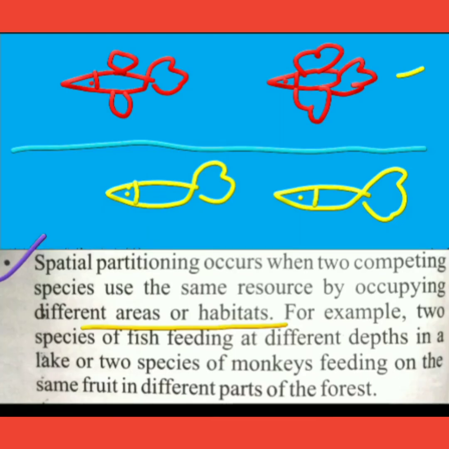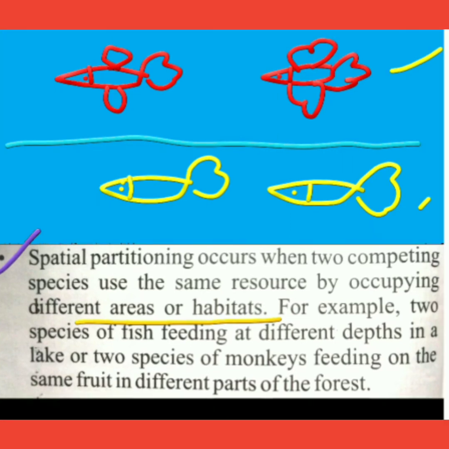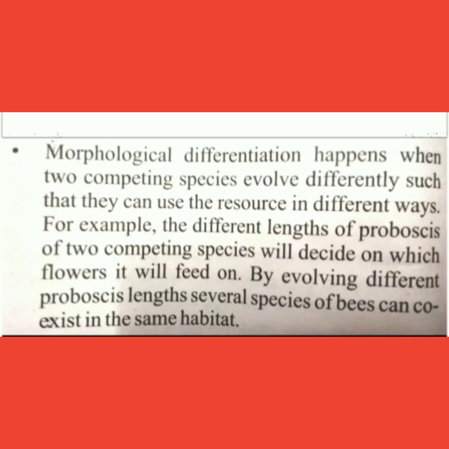Suppose there are two different species of fish. The red one may feed on the surface of the water, and the yellow one may feed at the bottom of the water. Or suppose two species of monkeys feed on the same fruit in different parts of the forest.